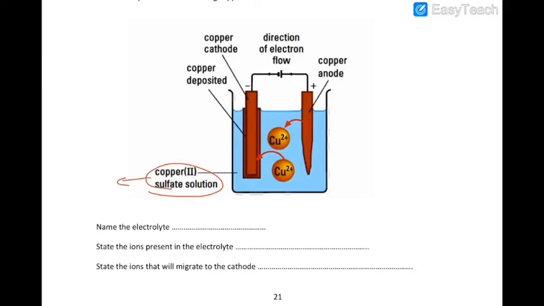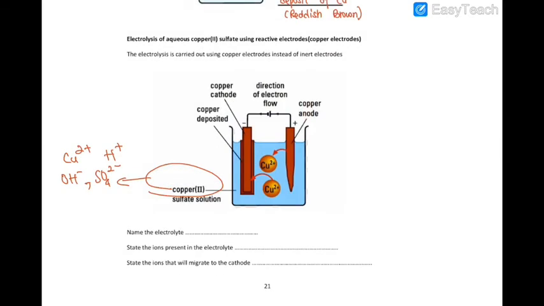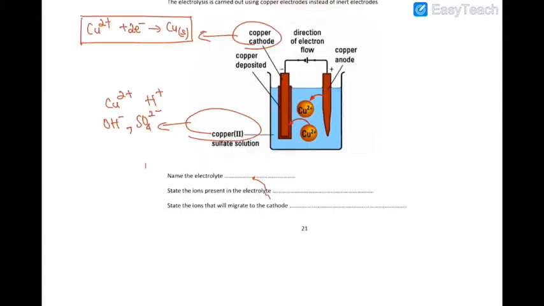So copper sulfate solution is going to produce Cu2+, H+, OH-, and SO4 2-. Now at the cathode, you're going to have Cu2+ that's going to be discharged. So the copper solid is going to be deposited. You have the reddish brown deposit around the cathode.